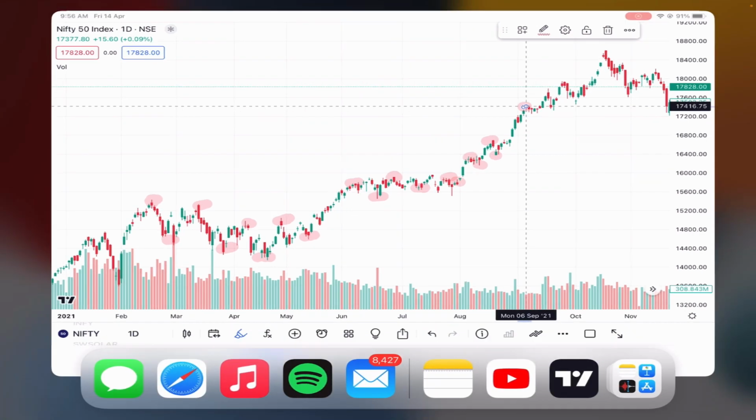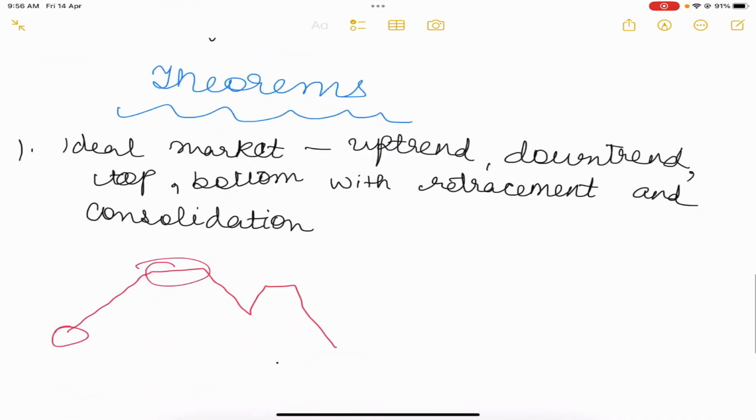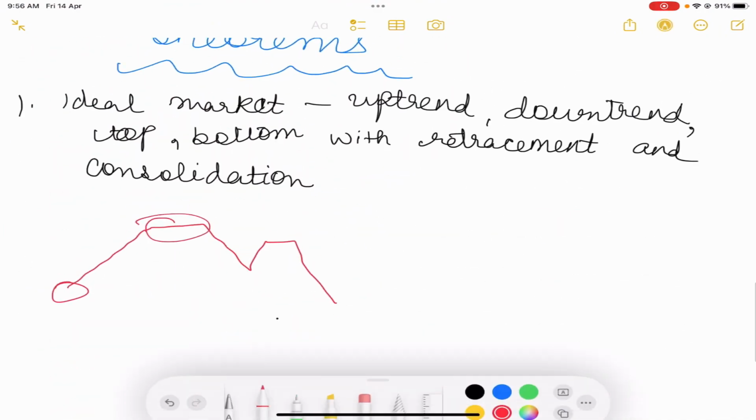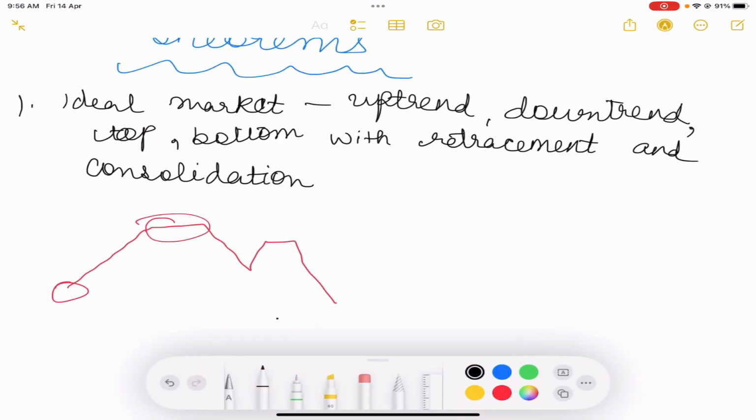So this is my first theorem, and that is that the ideal market would be consisting of all of these trends. Now let's see what our second theorem is.